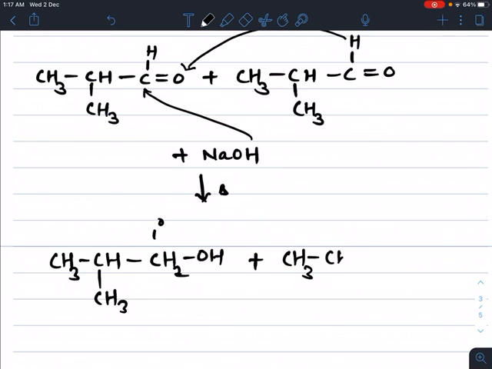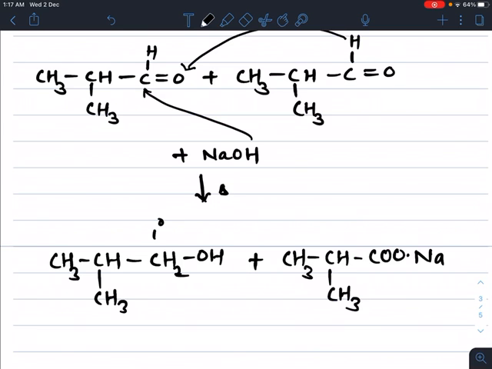The other molecule is oxidized. The CH3 groups remain as they are, and here COONa is formed, and the name of this compound is sodium isobutyrate. So we get two different products.